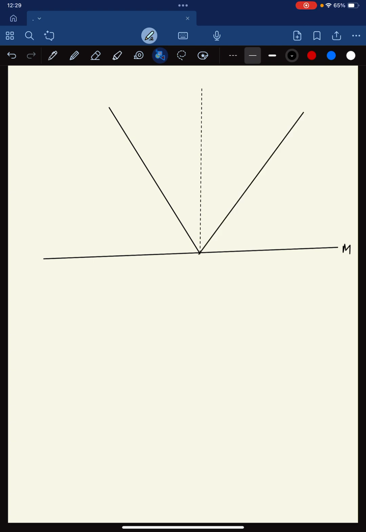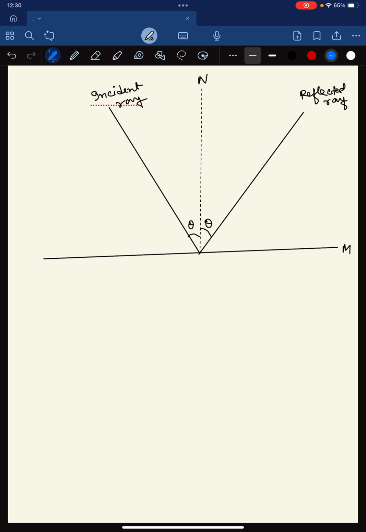Okay, so if the angle of incidence is theta, then the angle of reflection is also theta, and let's say this is the normal. If I call it the incident ray, this is the reflected ray.